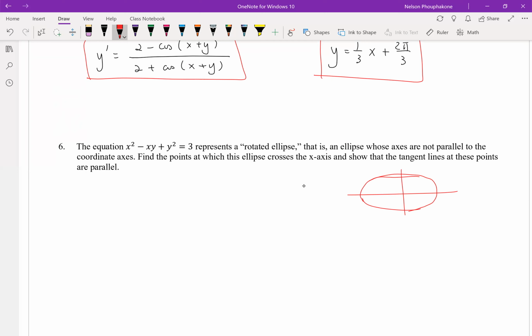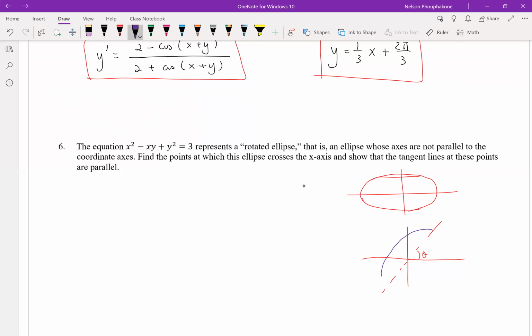So this is a normal ellipse. For the rotated ellipse, the major axis is not the x-axis or the y-axis or parallel to them. It is rotated by some angle.